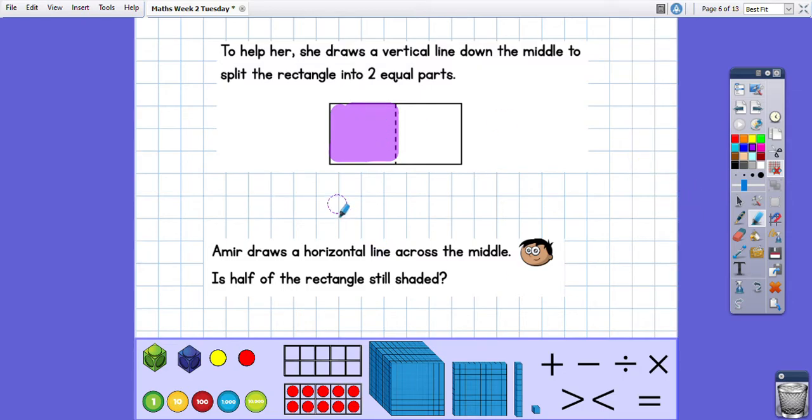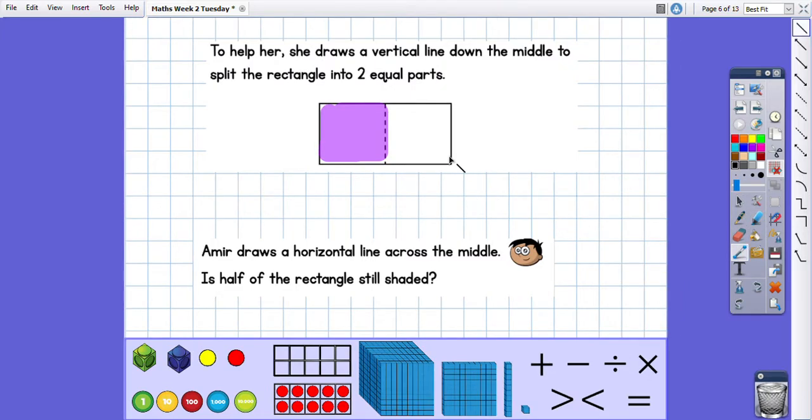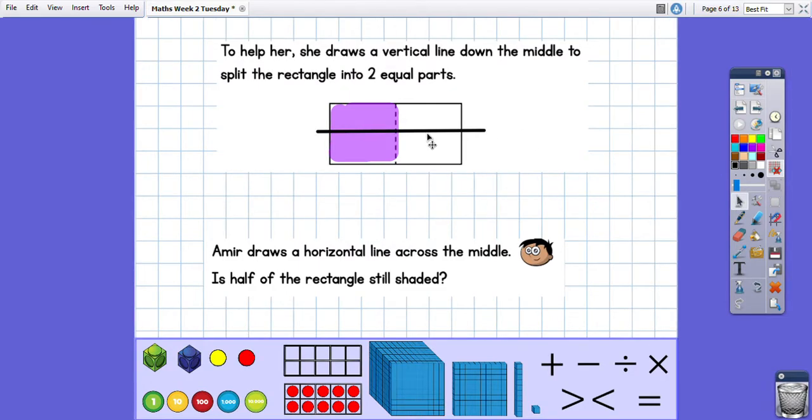That's okay. So then Amir comes along and he draws a horizontal line across the middle there. Just bring it down slightly. So he draws this line down.